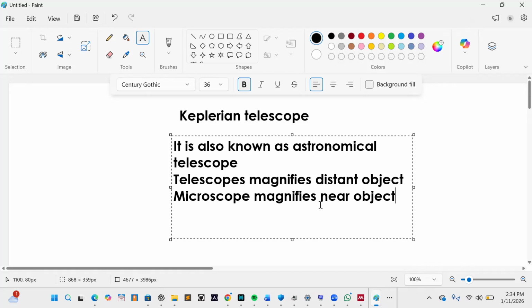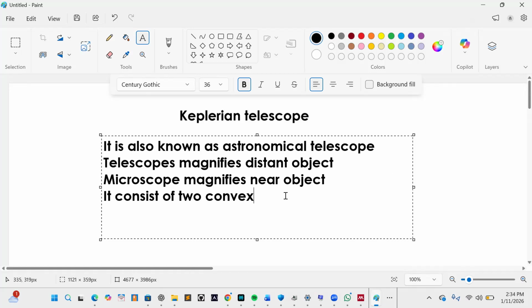So now the optical diagrams. Just like we said in the Galilean telescope, this one consists of two convex lenses. Galileo has a convex and a concave lens. The Keplerian telescope has two lenses that are both convex. So of course, the objective and the eyepiece.